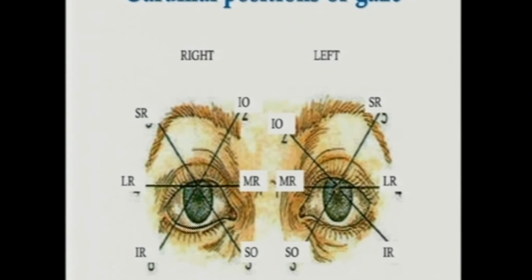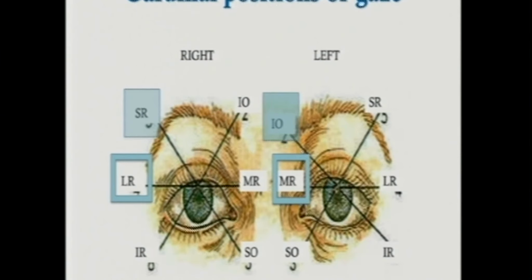So that's dextroversion. Next. And when you look up and to the right, it is the right superior rectus and the left inferior oblique. Now we'll come back to the diagram again during the course of this talk.